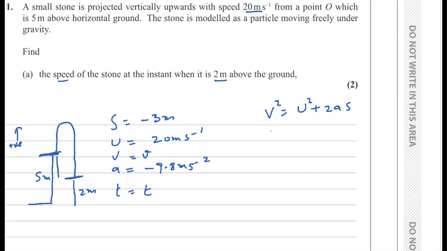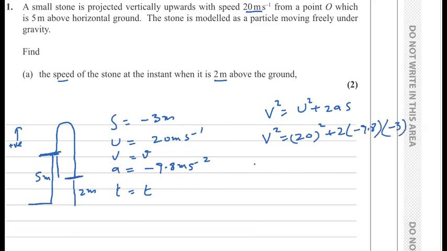So let's put all the values in this one. v squared will be equal to u, which is 20, squared, plus 2 into a. a is acceleration due to gravity, which is minus 9.8, and s is minus 3.